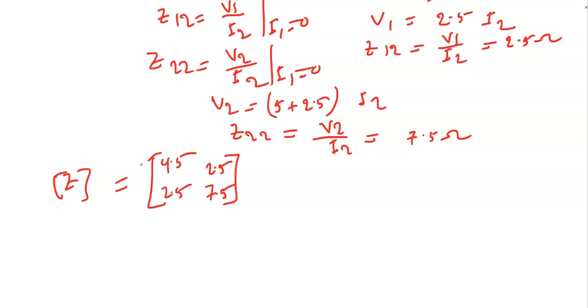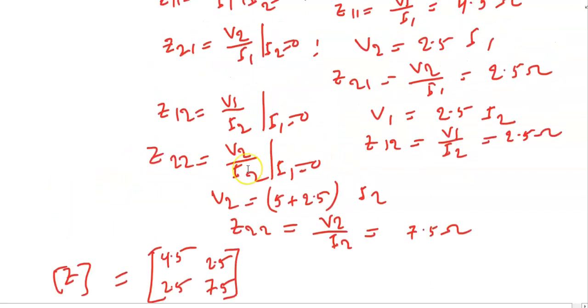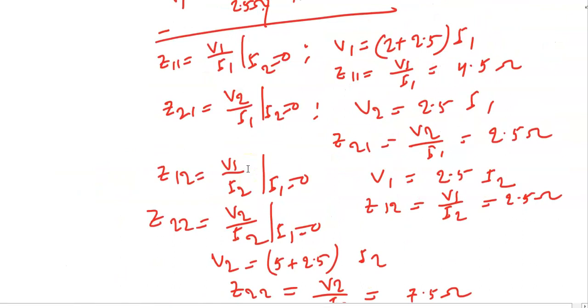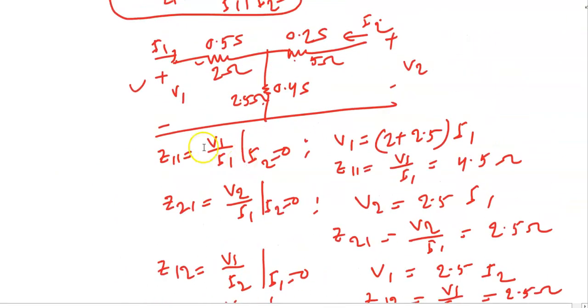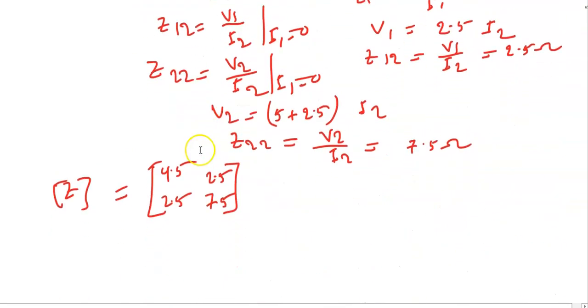When the network is symmetrical, G12 equals G21. So you can smartly use the property to find the other parameters. Okay, so this is the case for the G parameters or open circuit parameters.